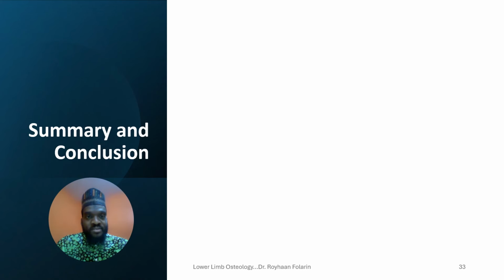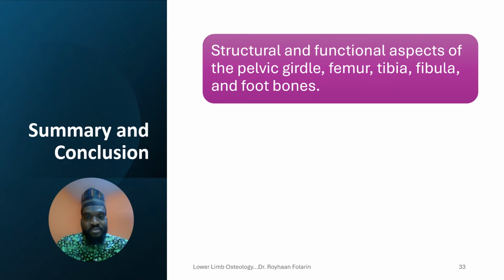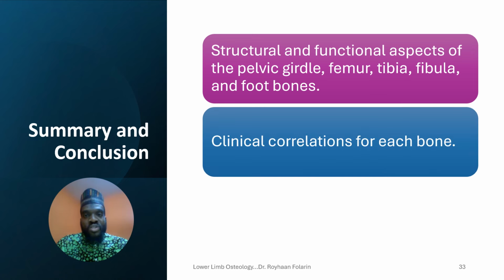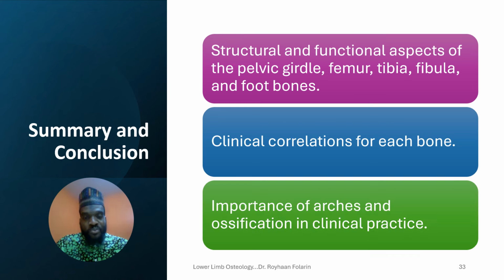So to summarize, the bones of the lower limbs are designed to support the weight of the body and enable efficient locomotion. We've gone through the structural and functional aspects of the pelvic girdle, the femur, the tibia, the fibula, and the foot. We also touched on the clinical correlations of each of these bones, and we've emphasized the importance of the arches and ossification in clinical practice.